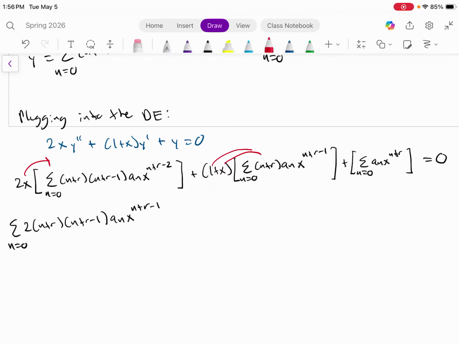That power of x is just like a plus 1 here, so it makes it just minus 1 now.